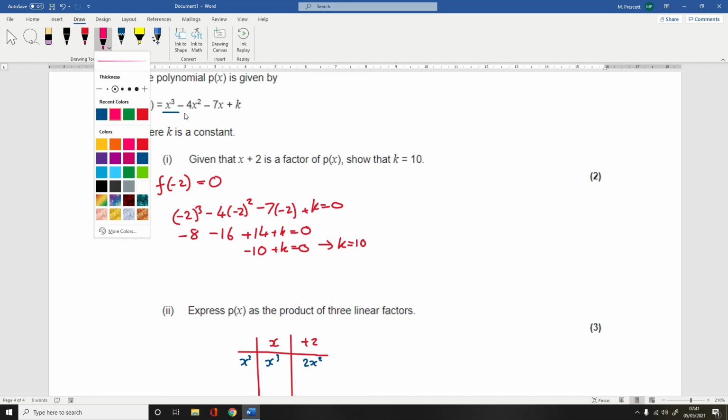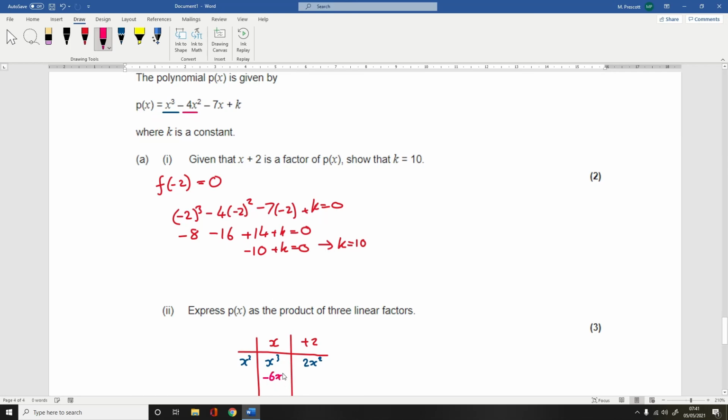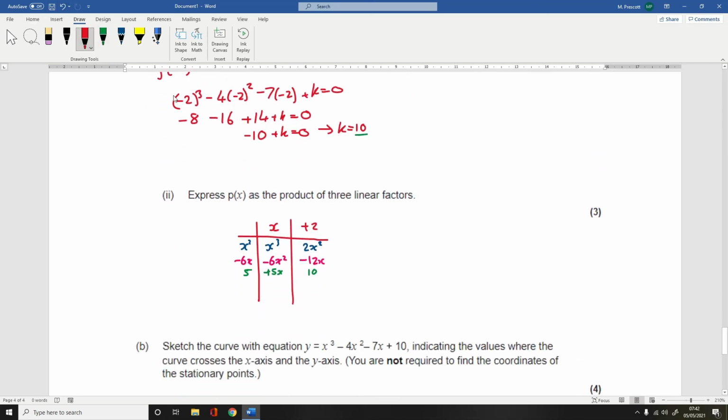But we want minus 4x squared, so let's take away 6x squared, minus 6x, minus 12x. But we want minus 7x, so plus 5x, which means this is plus 5, which means this is 10, and 10 is exactly what we wanted it to be. So our polynomial is x plus 2, x squared minus 6x plus 5, and that would factorise to x plus 2, x minus 5, x minus 1.